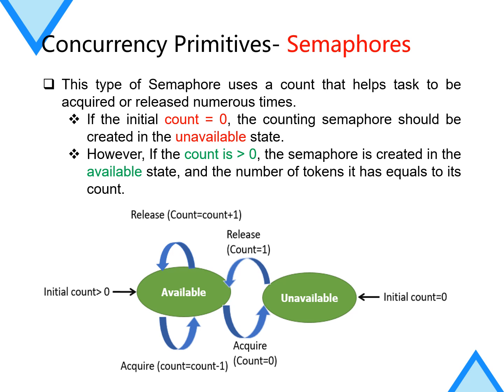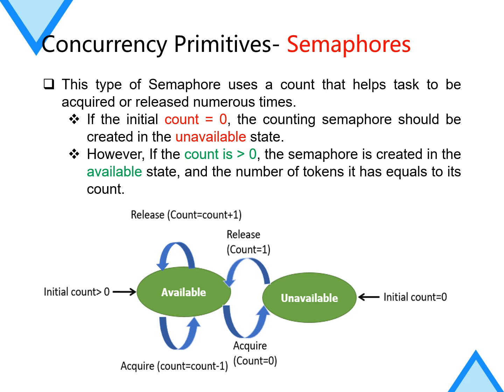As long as the initial count is greater than 0, the semaphore will be in the available state. If we start from here, the initial count is greater than 0, so the semaphore will be in the available state.